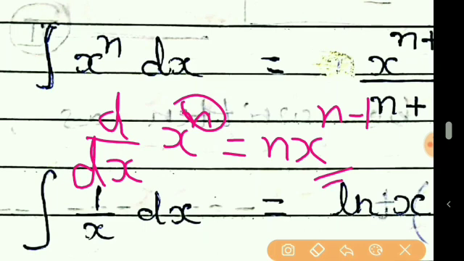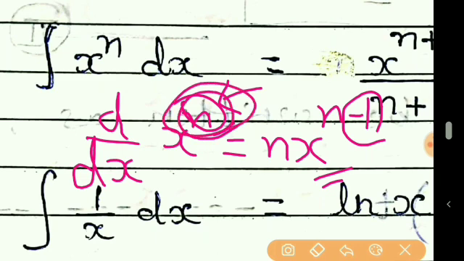But here it is something reverse. In integration we add plus 1 to n, whereas in differentiation it was minus 1. And whatever is in the power goes in the division.